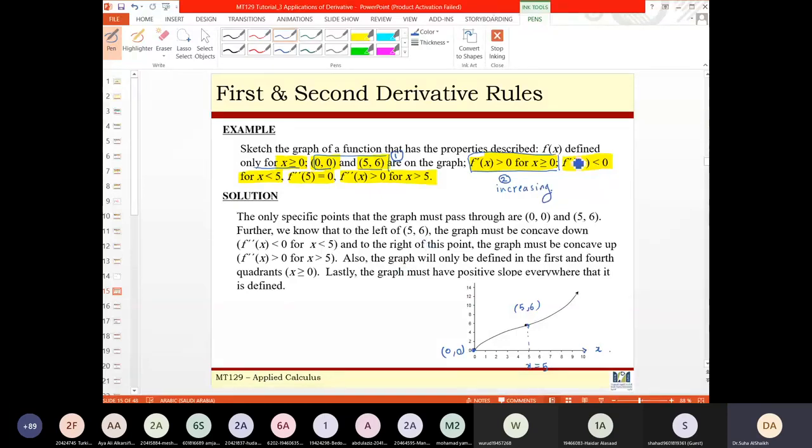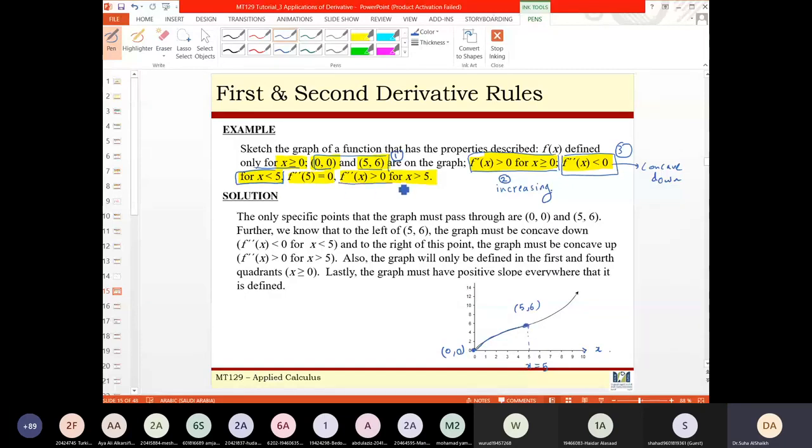Now information number 3 is about f double dash. They said the f double dash is negative يعني concave ايش؟ down. لما ال x less than 5, the function is concave down. Can you see إن it is concave down ولا لا؟ So for less than 5 I'm gonna let it be concave down.